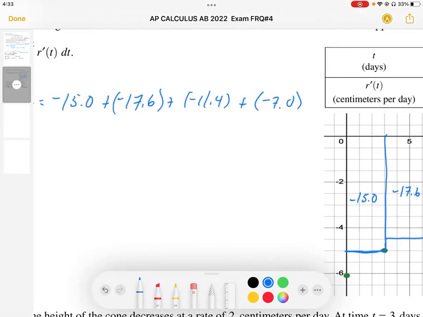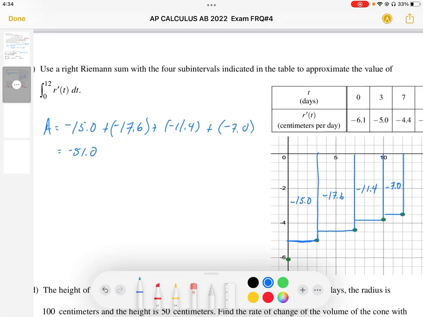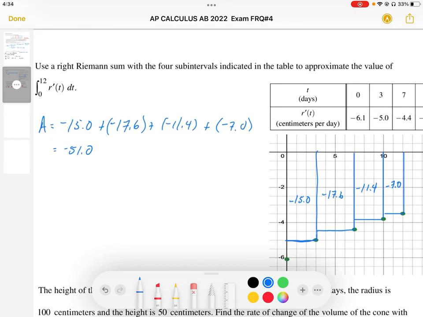Summing that all up, it equals negative 51.0 units of area. So the approximate value of this integral is negative 51.0. In this case, it will be centimeters based on the units.